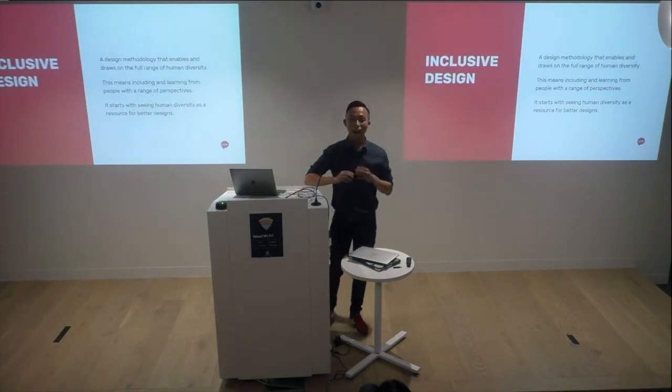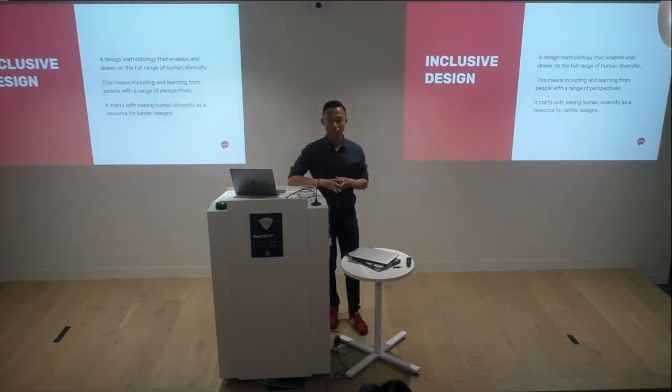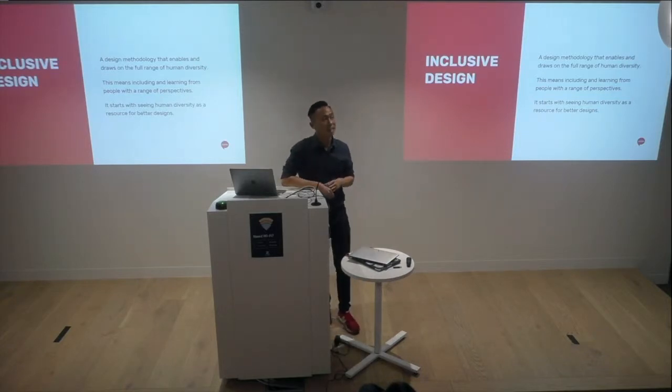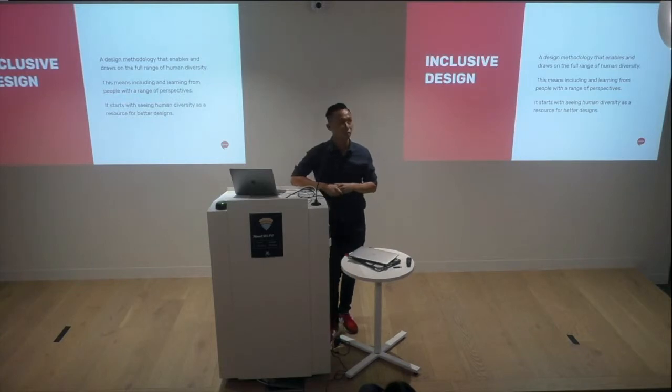So I would put it out there that I'm not necessarily an accessibility specialist or an expert. Today I'm more interested in inclusive design. I think accessible design is sometimes more about meeting a certain set of criteria, whereas inclusive design is a methodology which enables and draws on a full range of human diversity.